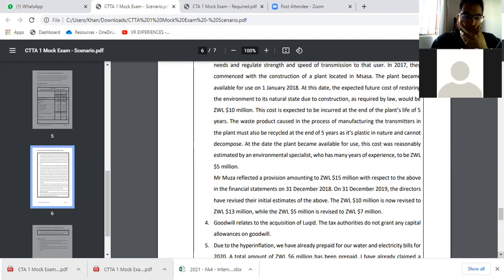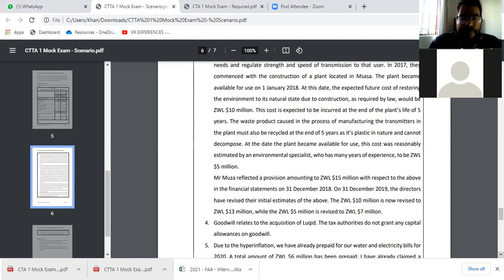So what we're going to have to do, let's assume that 15 million is the present value today, on 1 January 2018. If it's not the present value, we have to work out the present value. But let's just assume it is, just for this explanation.